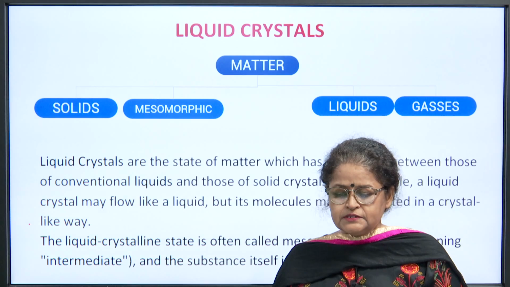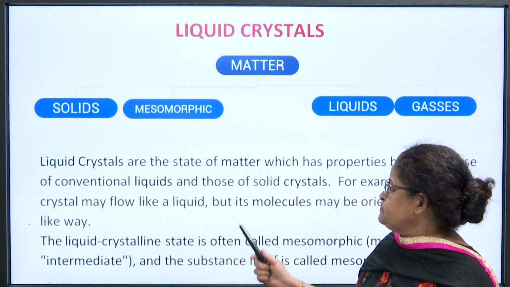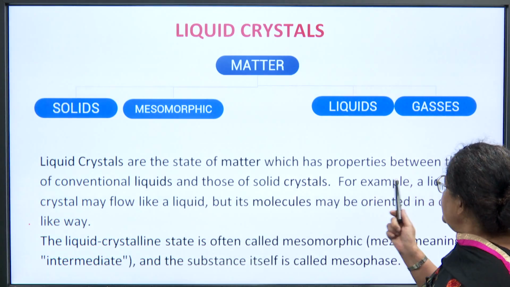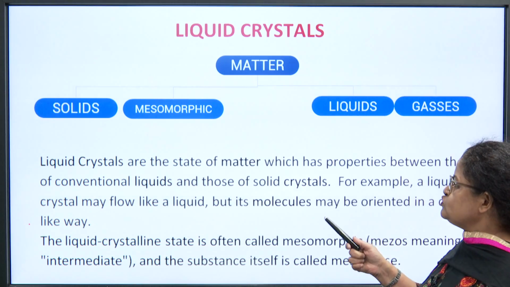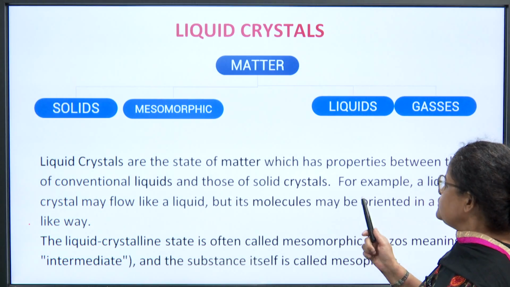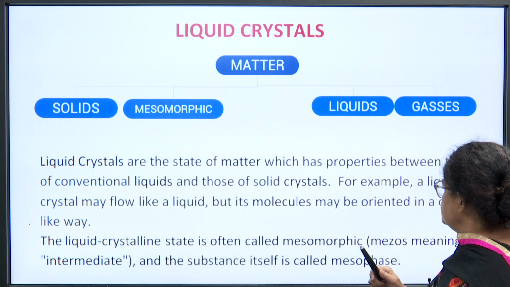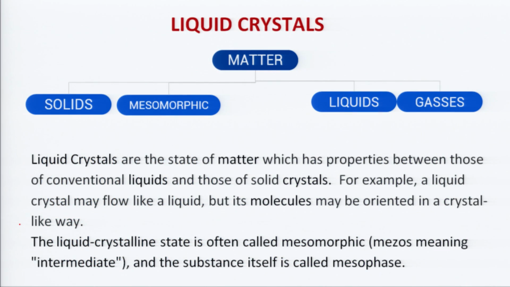So, liquid crystals are a state of matter which has properties between those of conventional liquids and those of crystalline solids. For example, a liquid crystal may flow like a liquid, like a normal fluid, but its molecules may be oriented in a crystal like manner.